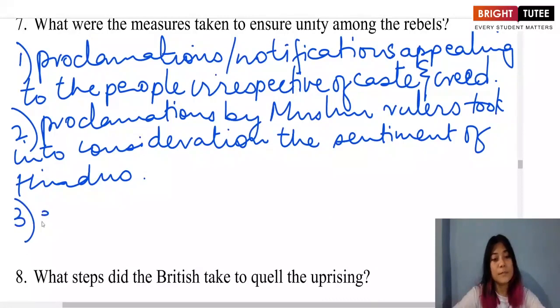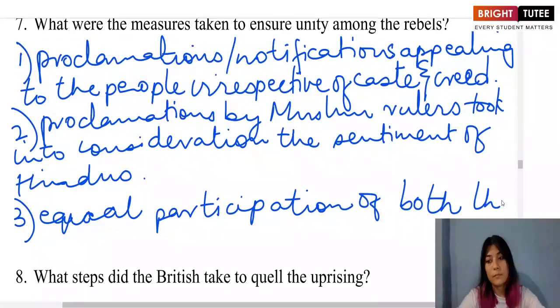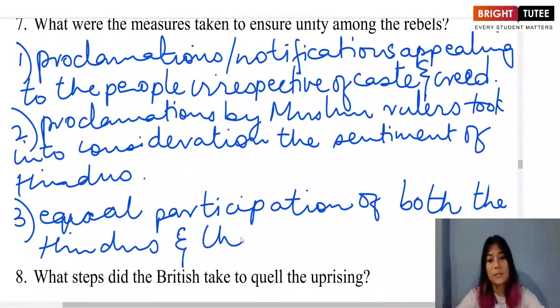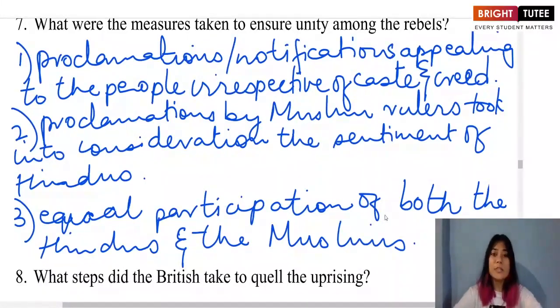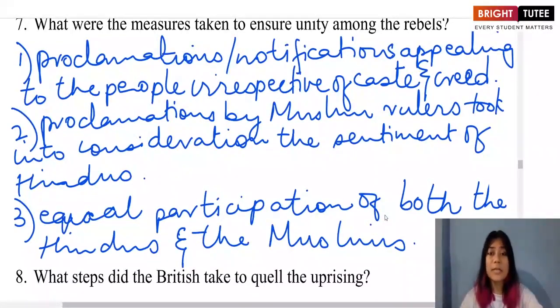Number three, equal participation of both the Hindus and the Muslims. Alright, so these were some of the measures which were taken to ensure that the unity among the Indian rebels was maintained.